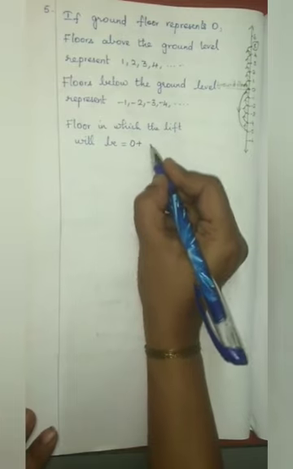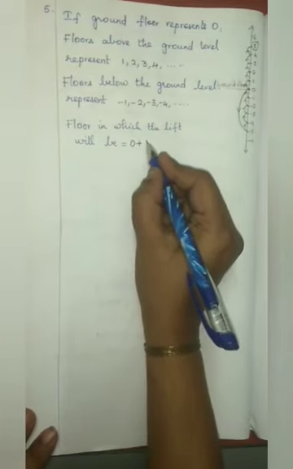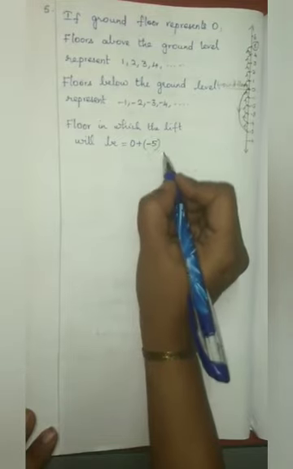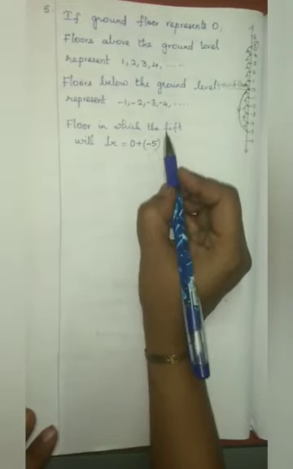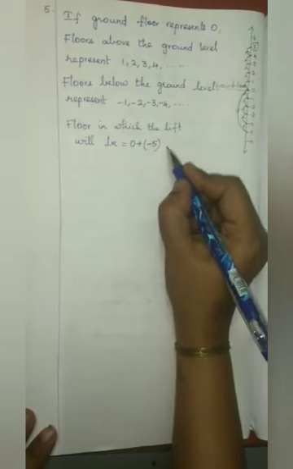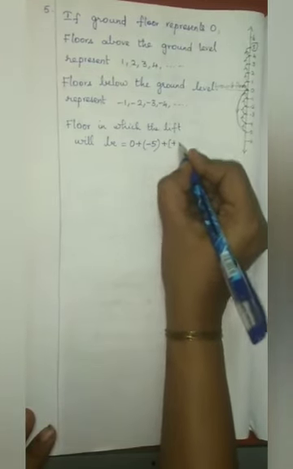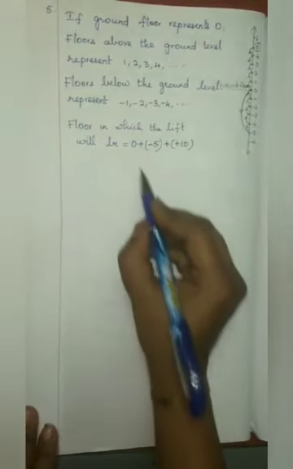So it goes 5 floors down, so plus minus 5. And then from there it moves up 10 floors.